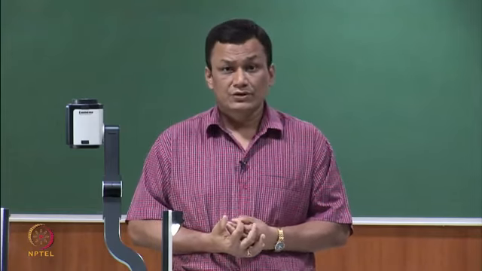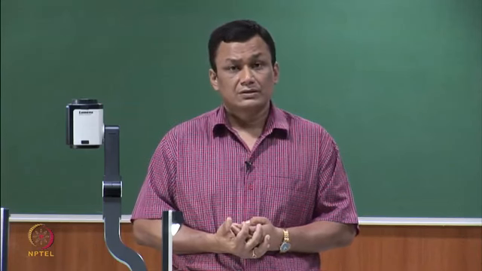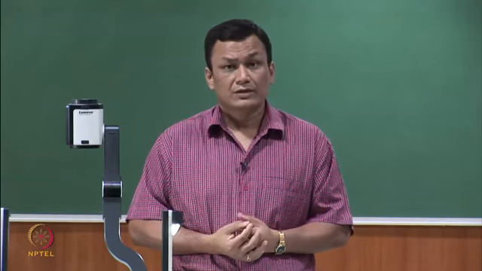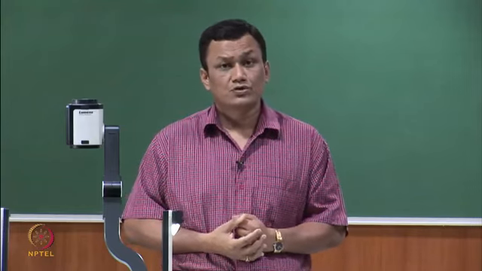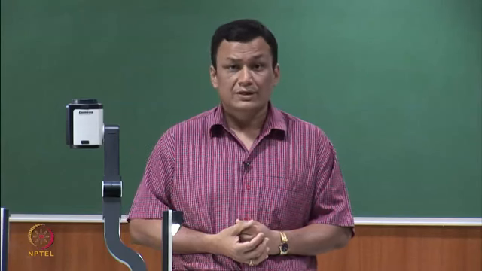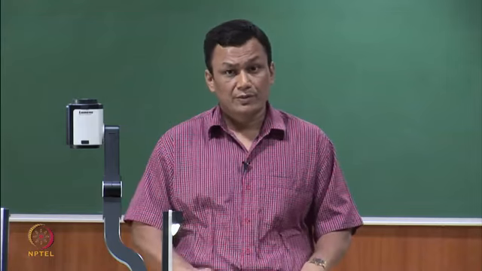Then we continued with one numerical problem that we learned in the last class. Today we will learn two more numerical problems on module 4, then this module will be completed. So, let us start with numerical problem 2.